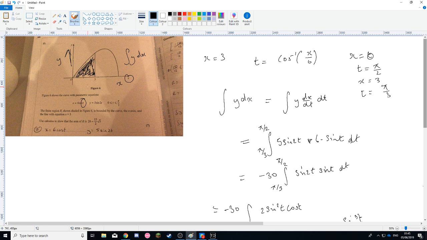The problem is that the area is with respect to x, but my equation is with respect to t. How do I get about this? Making a Cartesian equation could be long, and in this case it does seem pretty long. So you get about it by doing this technique, which is y dx is the same as y dx by dt.